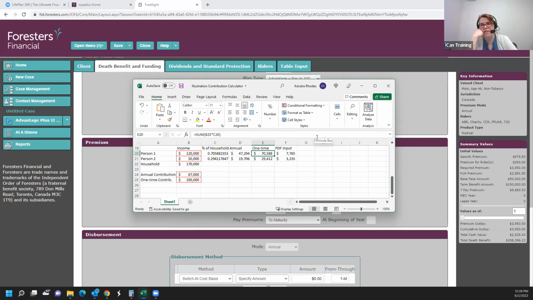And what that means is that to the client, it still feels like they are paying monthly. So they can contribute their $3,900 every month into their policy, but it actually fills up that bucket called the Premium Deposit Fund. And so they pay their first year premium on day 1.